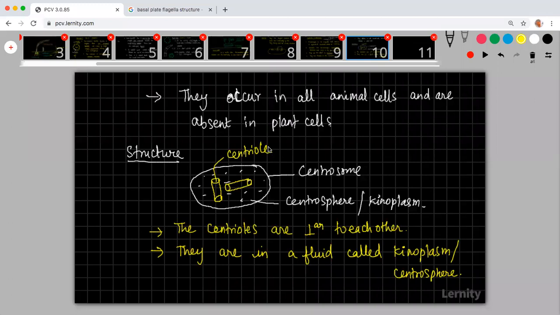It is present inside an organelle called a centrosome, which is filled with the fluid called centrosphere. And where is the centrosome present? The centrosome is present in the cell, just like that. Okay, if you're done, please let me know.